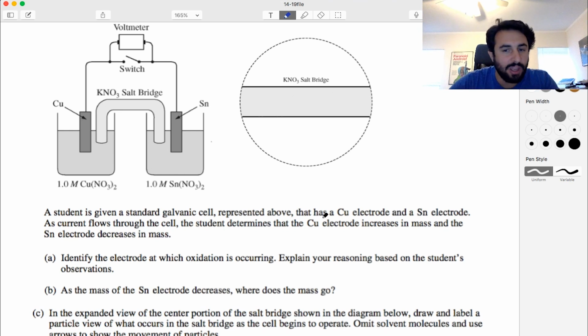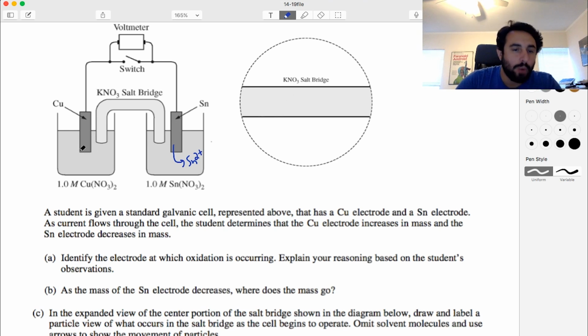So if the tin electrode is decreasing in mass, what that means is that some of these tin atoms are being oxidized, right? The electrons are flowing through the wire over to the copper electrode, and the tin 2+ ions that result are falling off of the electrode to enter the solution, right?